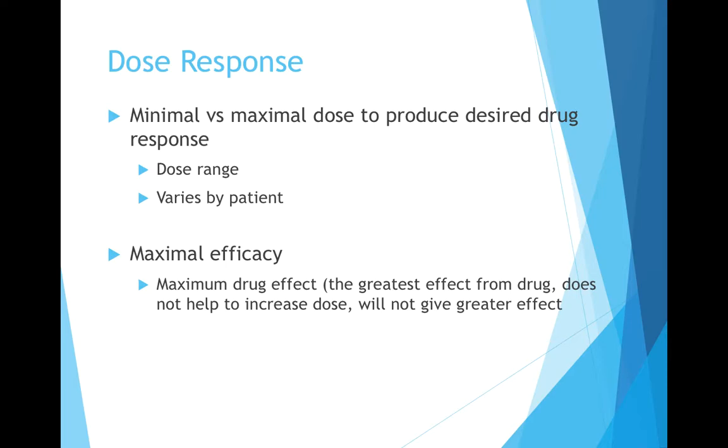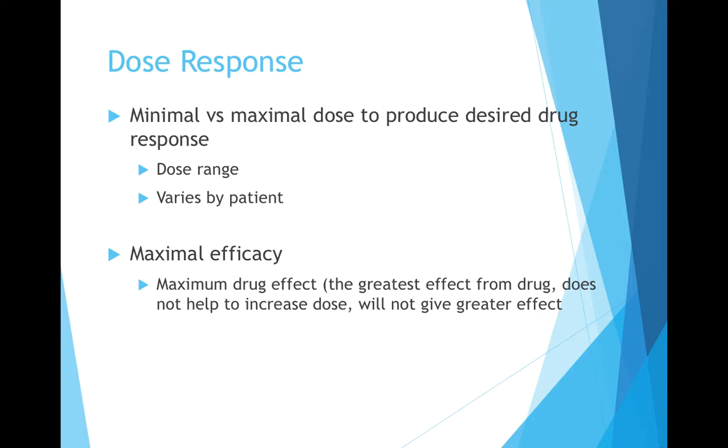So another thing we look at then with pharmacodynamics, and again we're talking about this in chapter 2 of your book, which starts on page 19, is something called the dose response. And this is the body's physiologic response to changes in the drug concentrations at the site of action. So we have dose ranges, of course, that we look at that vary from patient to patient, okay?